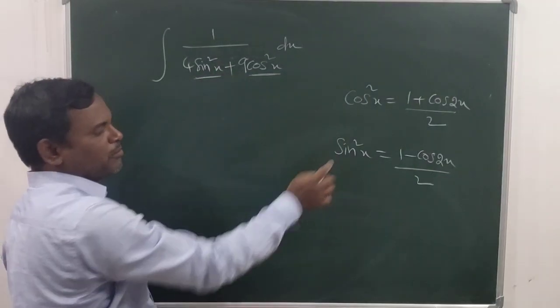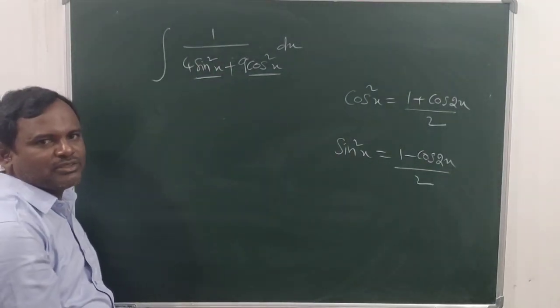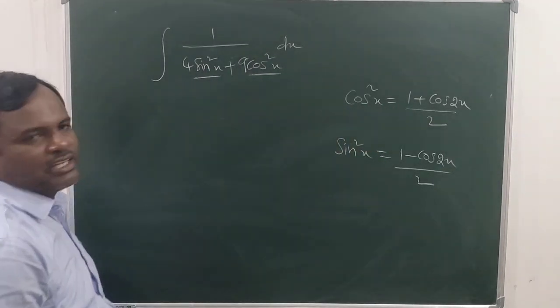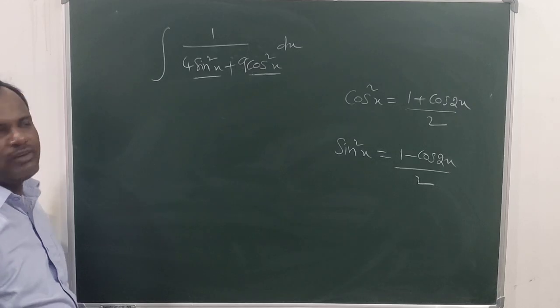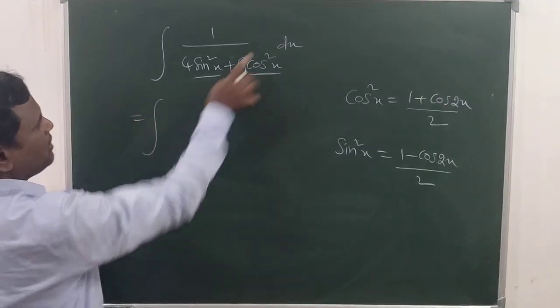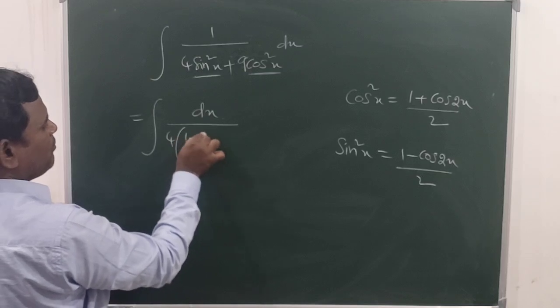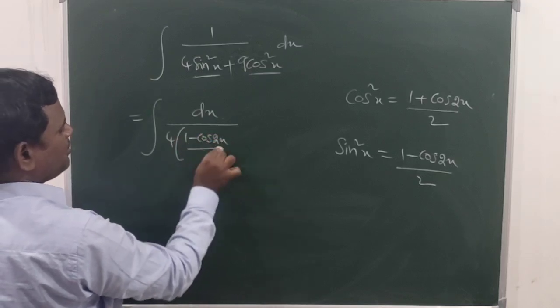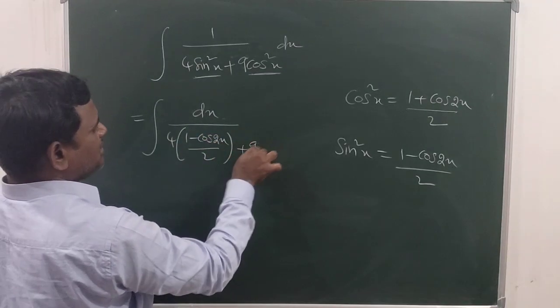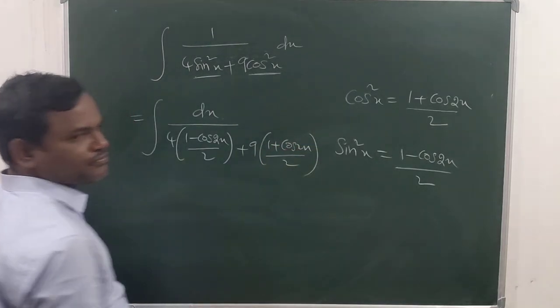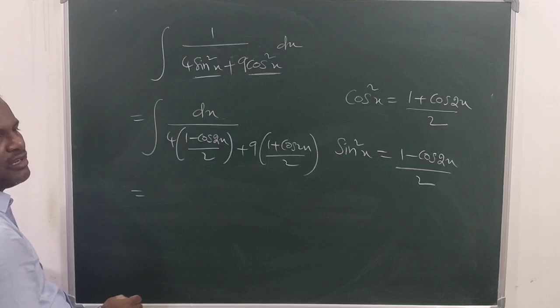You learned this formula in the multiples of trigonometric ratios. So replace these two: 1 minus cos 2x by 2 and 1 plus cos 2x by 2. So here dx by 4 into 1 minus cos 2x by 2 plus 9 into 1 plus cos 2x by 2. Okay. Right.